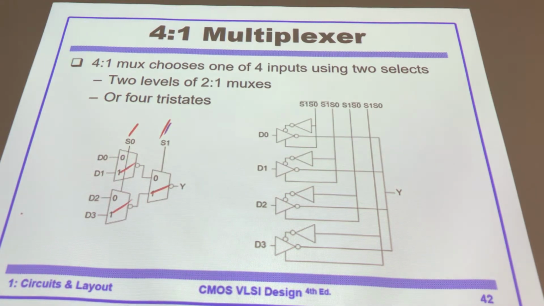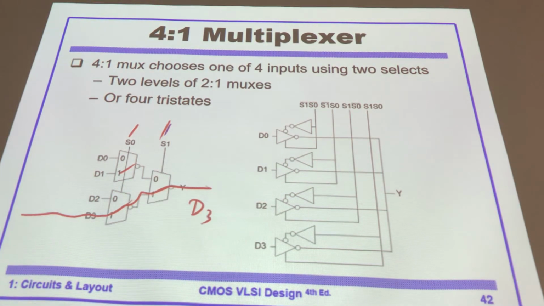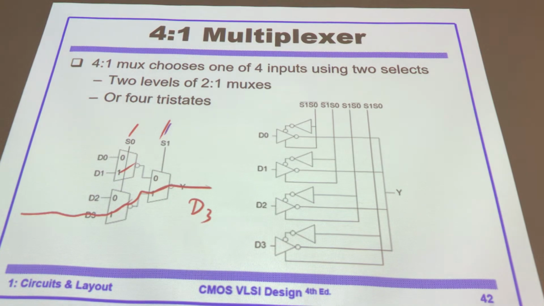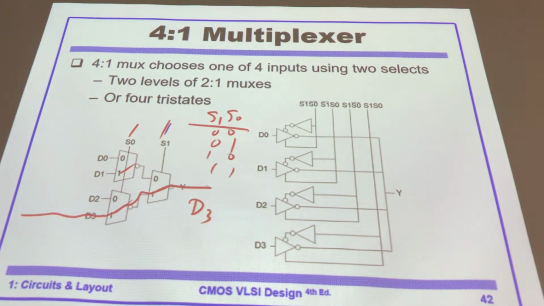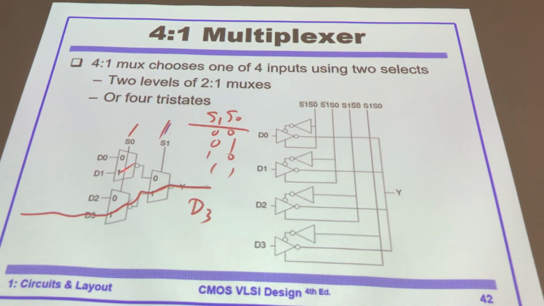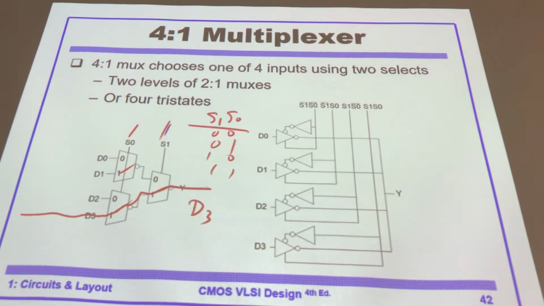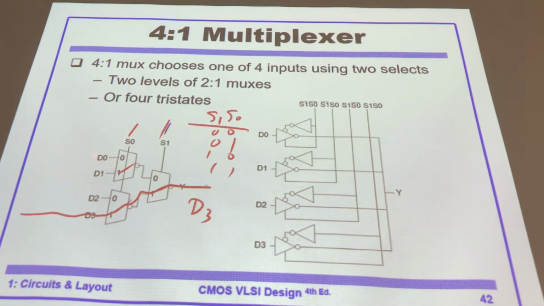It's the S condition, right? That's this thing. Simply looking at these 2 bits, S1 S0: 0 0 equals D0, 0 1 equals D1, 1 0 equals D2, 1 1 equals D3, right? The numbers 0, 1, 2, 3 in binary correspond to the input sequence.